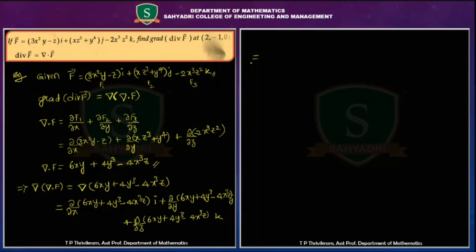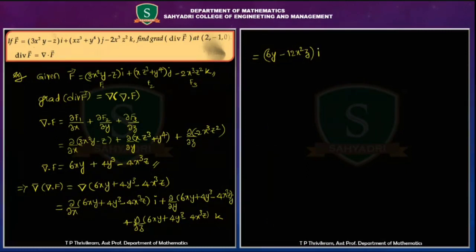Can you differentiate? 6y, yes, minus 12x square z. Correct? x cube is 3x square.